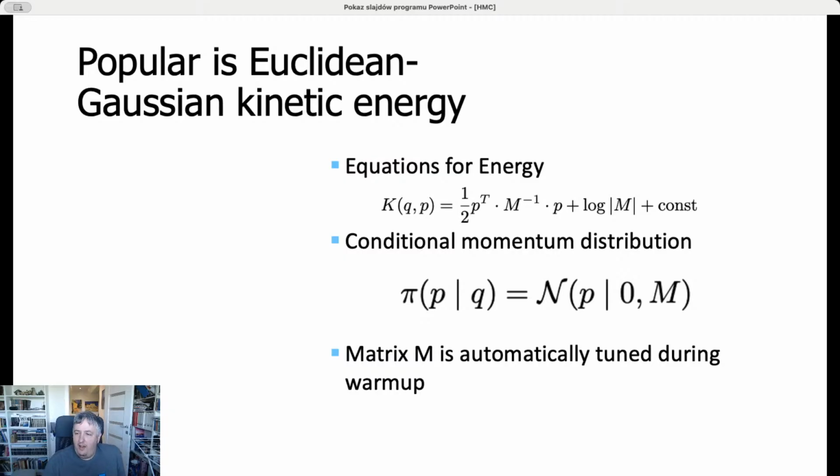Generally, the idea is that we can use this kinetic energy in order to use a certain normal momentum distribution to sample P conditional on Q. The matrix of that distribution is computed during the warm-up of the algorithm. So during sampling, when we still drop those 1000 samples, for example, we can use the information that comes from them to better tune the matrix M.